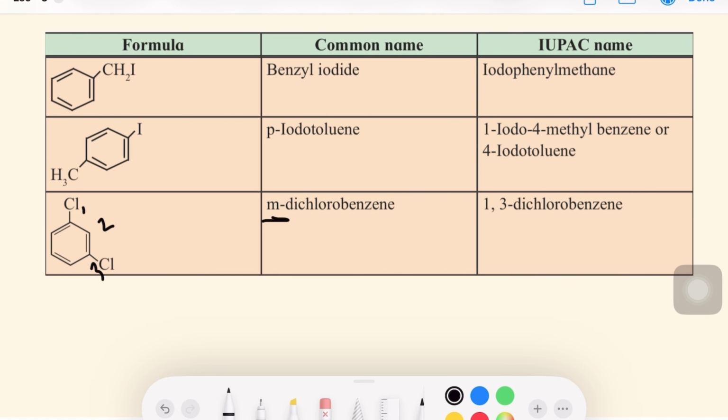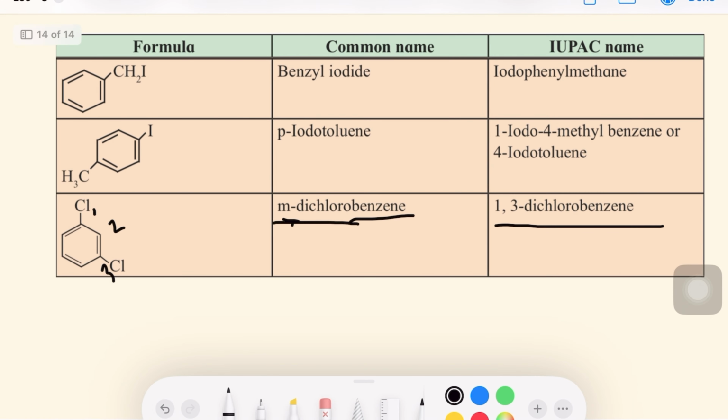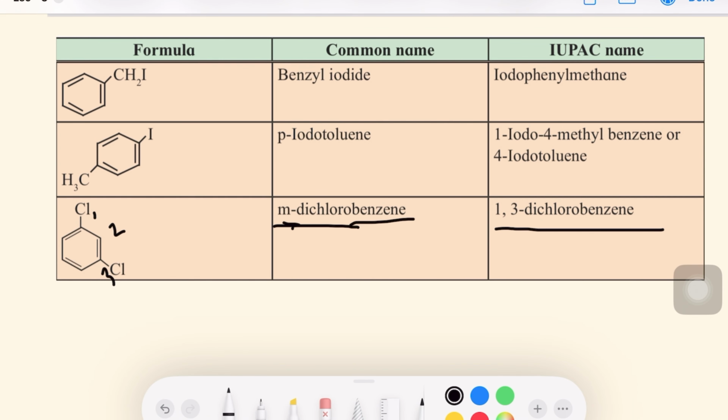Because it is a dihalogen compound, so dichloro and the parent is benzene, so the common name of this compound is meta dichlorobenzene. Similarly, the IUPAC name: in such dihalogen compounds where they are present at 1,3 position, the name of this compound is 1,3-dichlorobenzene. Okay, in this way our nomenclature is over.